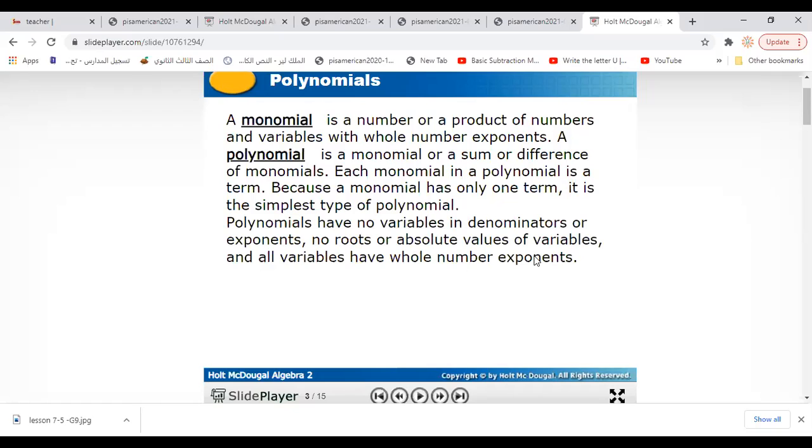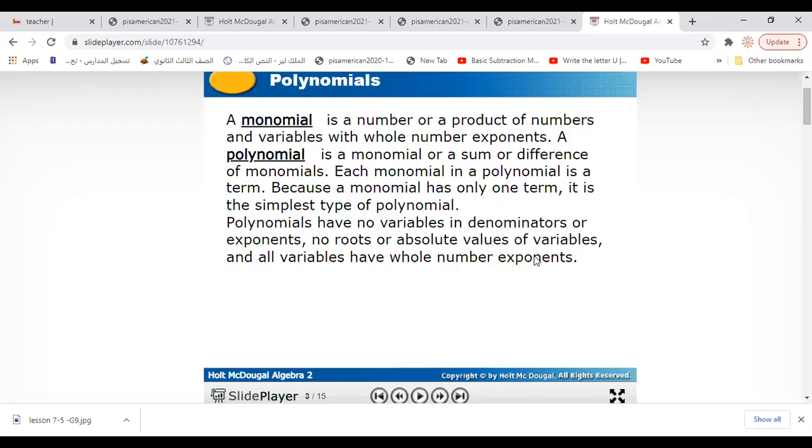Polynomials have no variables in denominators, no variable exponents, no roots or absolute values of variables, and all variables have whole number exponents.